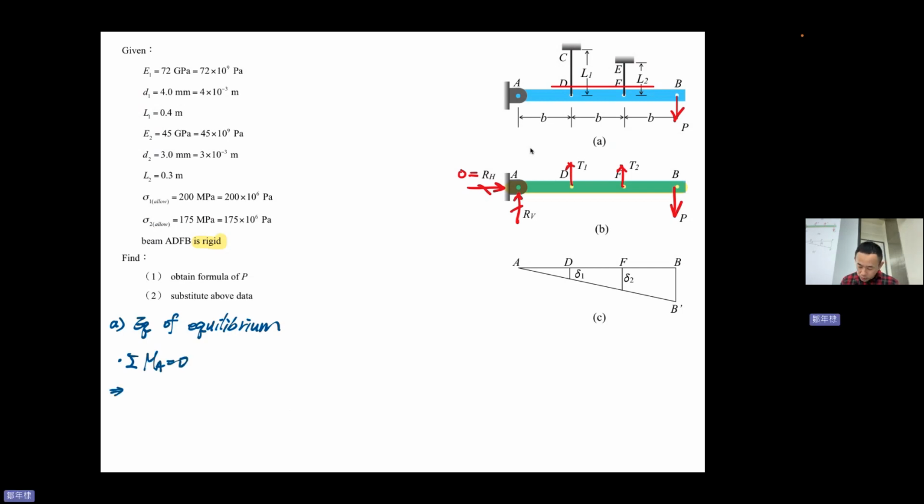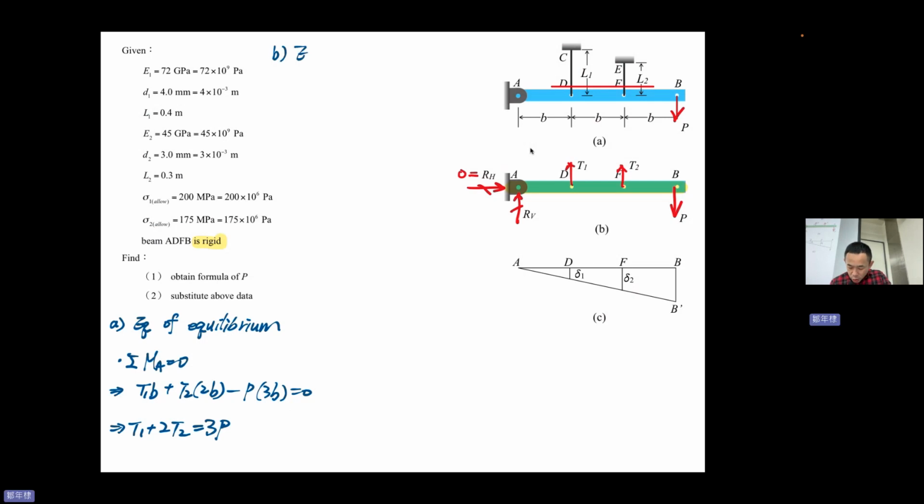So T1B, counterclockwise positive, T2 2B positive, P 3B clockwise minus. So T1B plus T2 2B minus P 3B equal to 0, and T1 plus 2T2 equal to 3P. Okay, T1 plus 2T2 equal to 3P. Done.